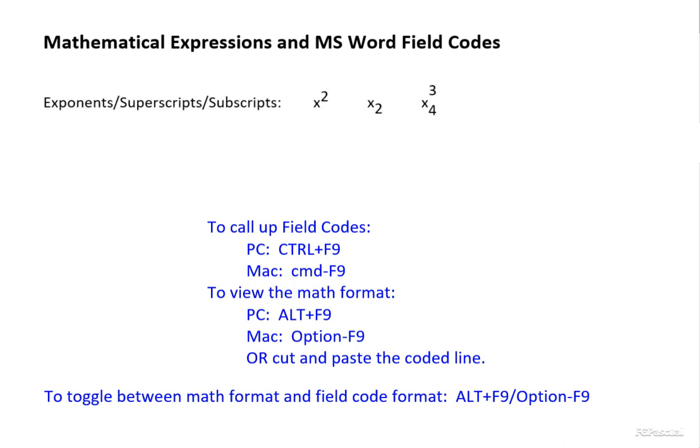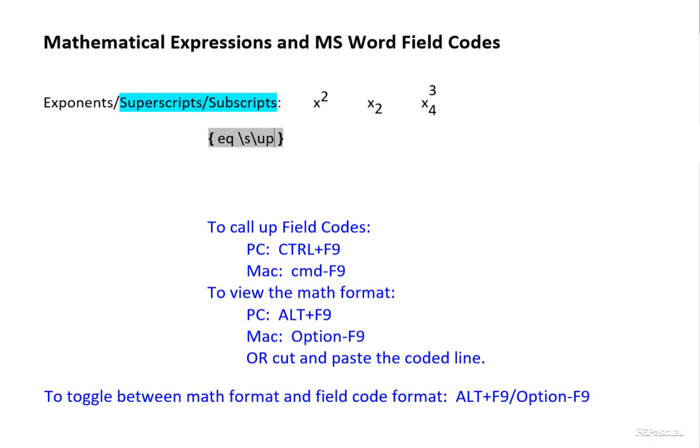For exponentiation, we call up the field code brackets again, using the appropriate keys for whichever platform we are using. Type EQ, space, backslash. Then type S, which we suppose is for superscript or subscript. We type backslash, and then we need to indicate if it is a superscript or a subscript we want. Of course, for exponentiation, it's superscript.